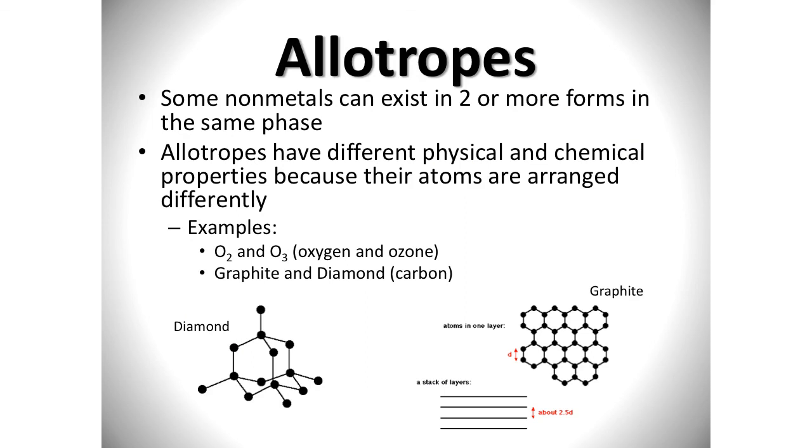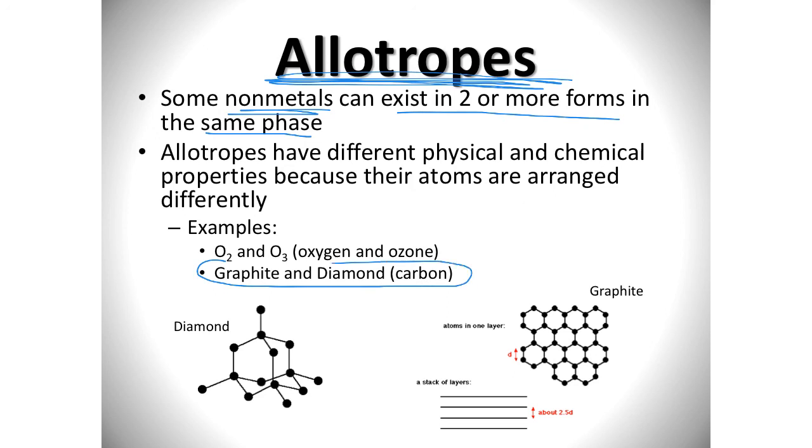All right, last thing for the units, just really some vocabulary. Allotropes. Allotropes are nonmetals that can exist in 2 or more forms in the same phase. So our most common example is graphite and diamond.